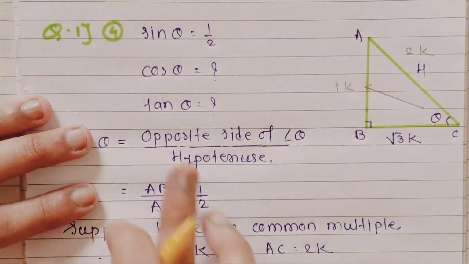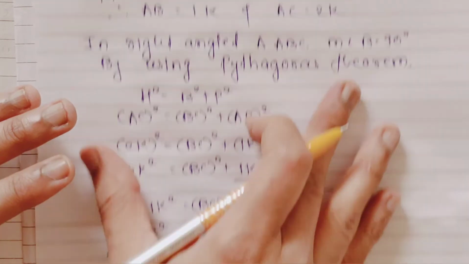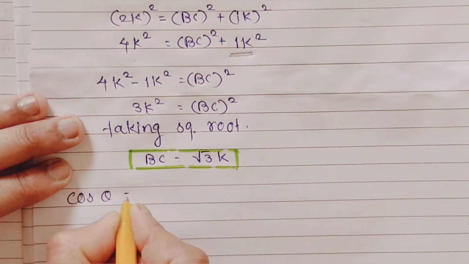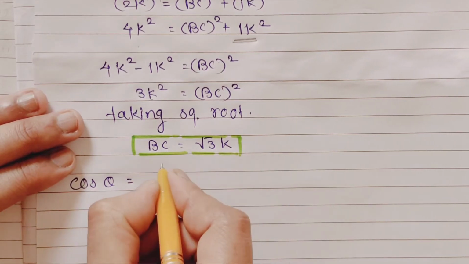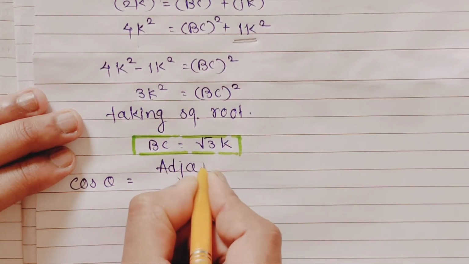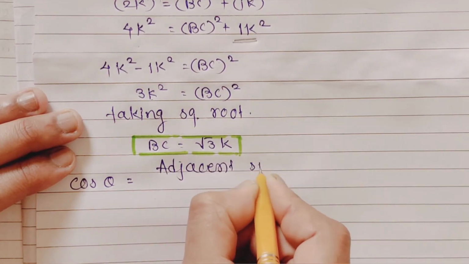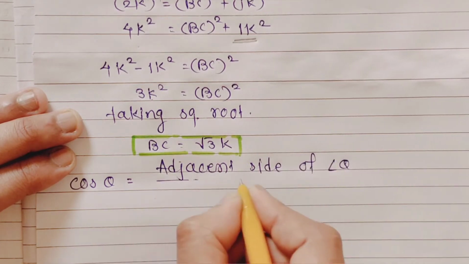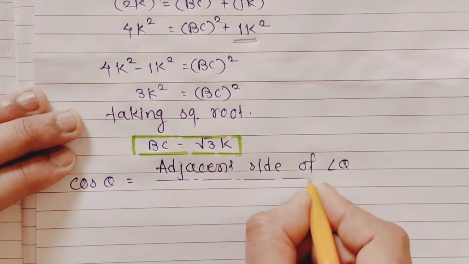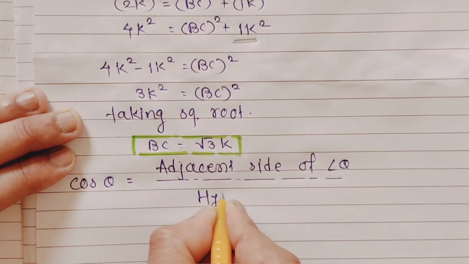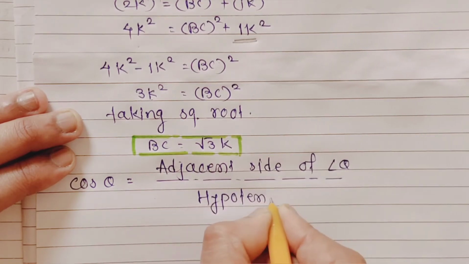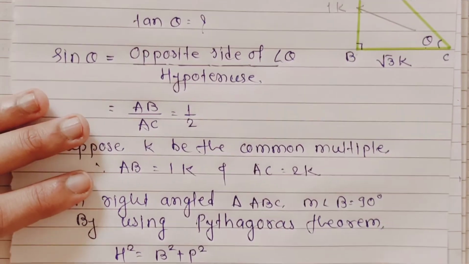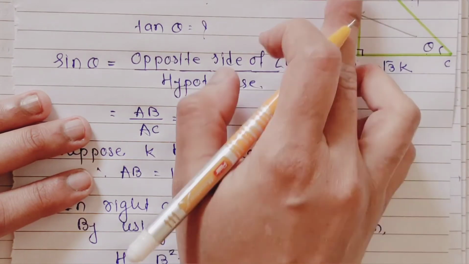So first we have to find out cos theta. We know the ratio. Cos theta is equal to adjacent side of angle theta upon hypotenuse. So adjacent side for angle theta, that means BC, and hypotenuse, that means AC.